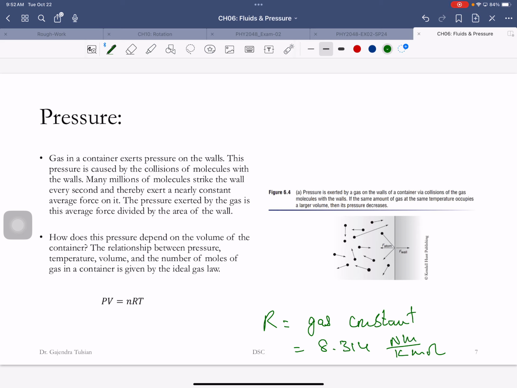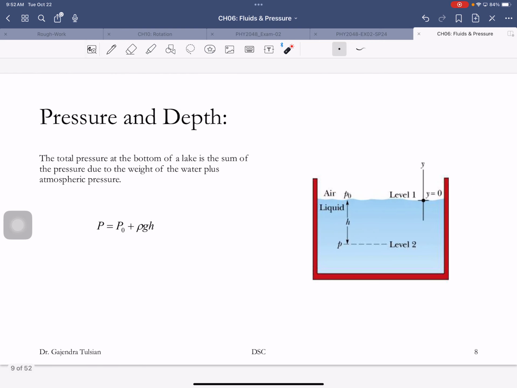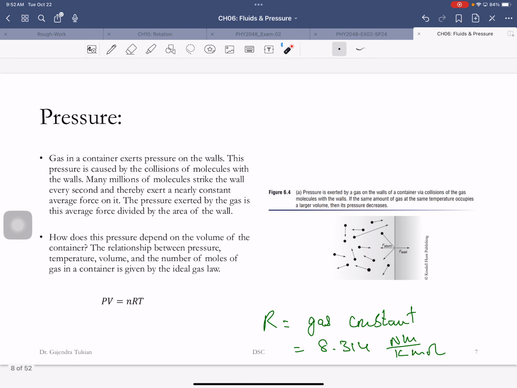Yeah, that's a constant. So when you do chemistry, you'll use that a lot.